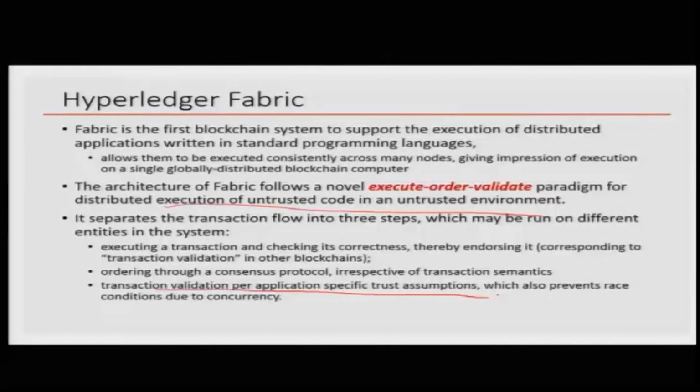There is also some notion of a version issue, but right now let us not worry about it. We just want to understand that transactions will be ordered and a block will be cut, and that block will be sent to peers called validating peers. Validation will then be done by these validating peers.